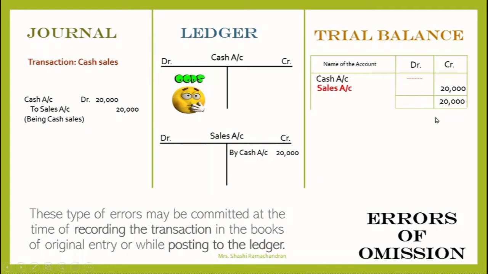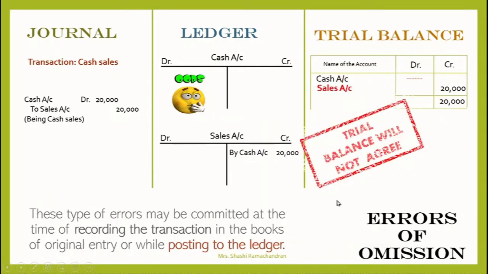Now you can see here the trial balance total is not equal, so it will not agree. When the omission takes place at the time of posting the transaction into the ledger, this is a one-sided error and the trial balance will not agree. Only here the mistake occurred.